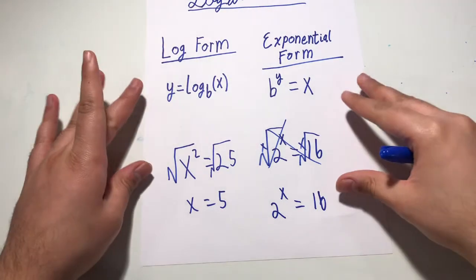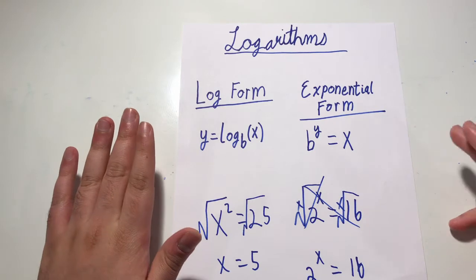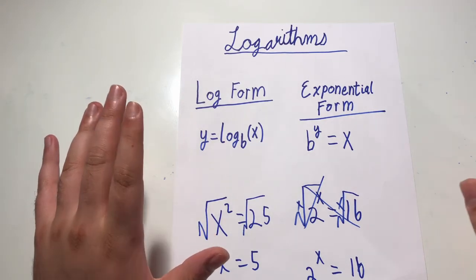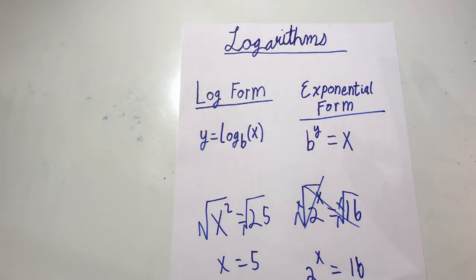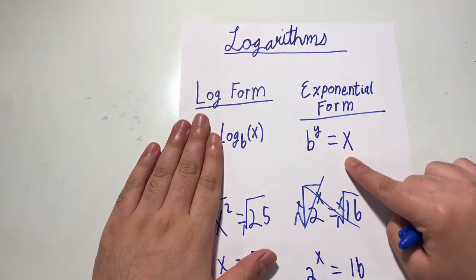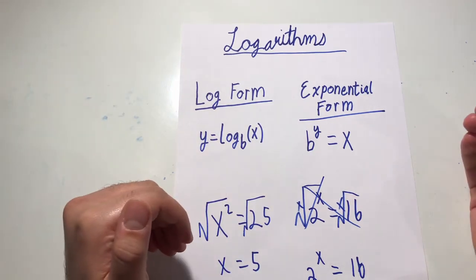So let's look at the basic form of a logarithm. A logarithm is kind of a different way of writing something in what's called exponential form. Exponential form is something you're already used to. It's a number raised to an exponent, and that equals some number. And you can convert this into a logarithmic form.